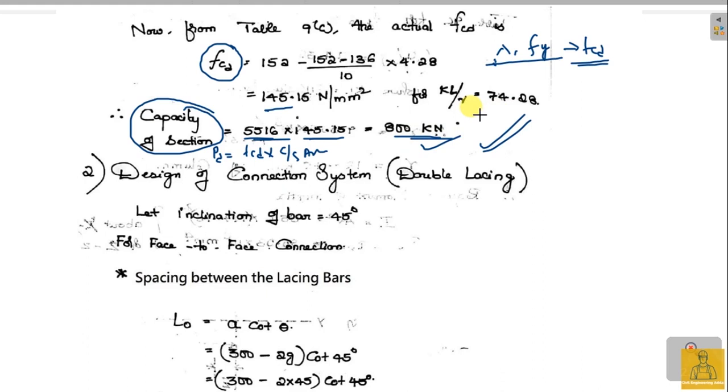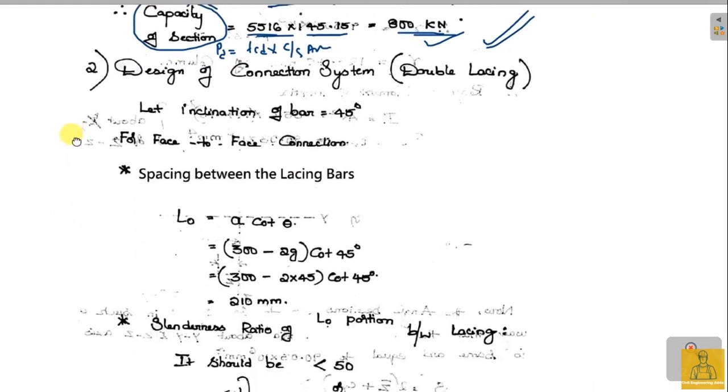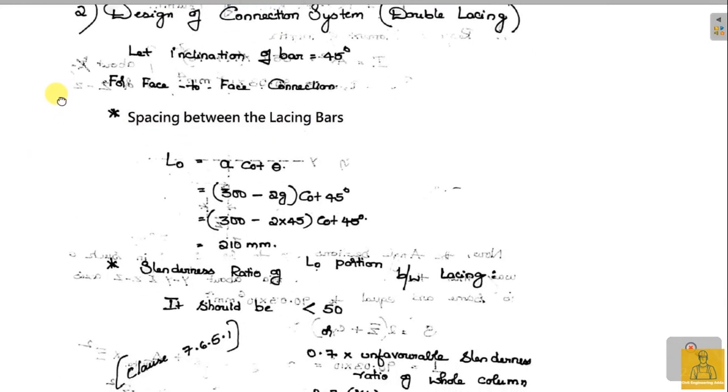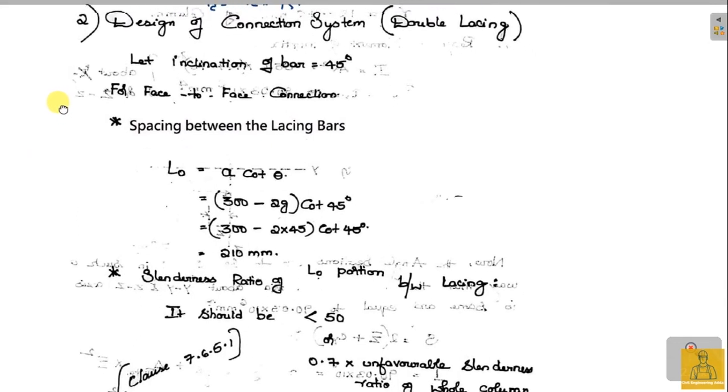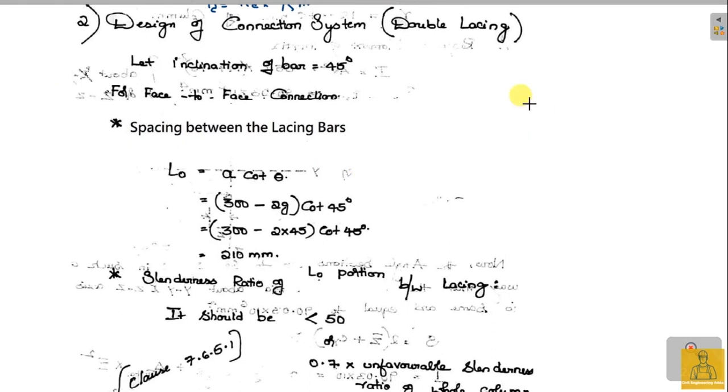Now let me jump into the second stage, in which we are going to design the double lacing system. So you know how this double lacing system is going to be, so I'm not going into detail.